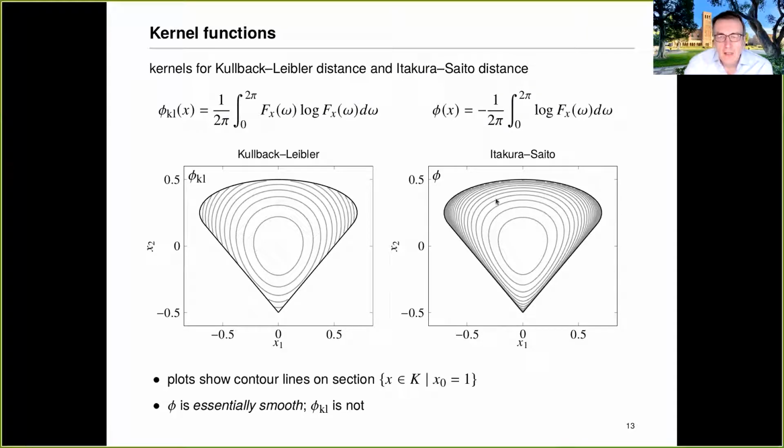And it does have the same property that we had with the relative entropy in R^n, where the gradient of the kernel function goes to infinity as we approach the boundary. Therefore, if you use this in a generalized Bregman proximal operator, the result will always be a point in the interior of the constraint. In convex analysis we would say this is an essentially smooth function, and the Kullback-Leibler one isn't. So that's why we will use the Itakura-Saito distance as a kernel.